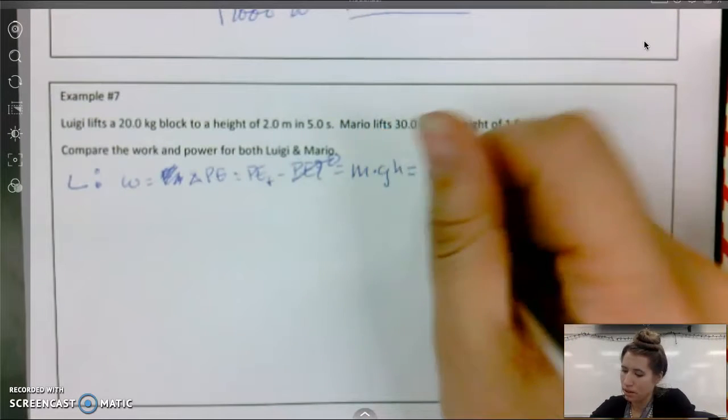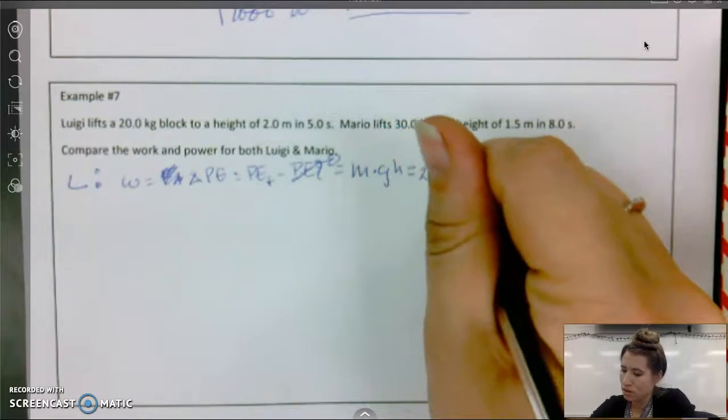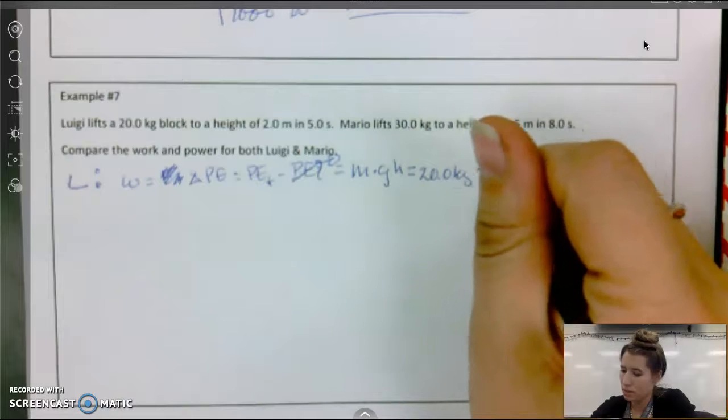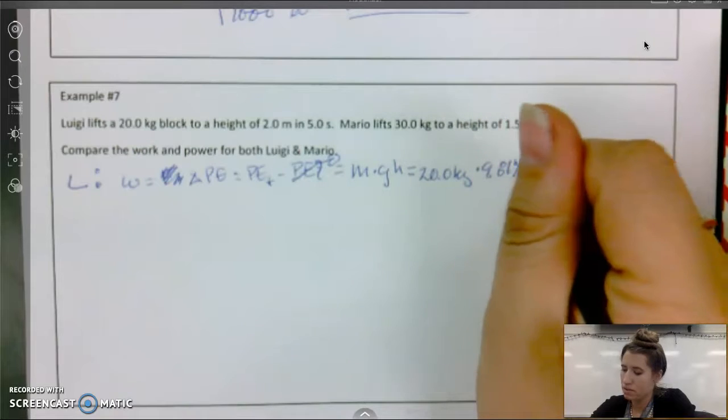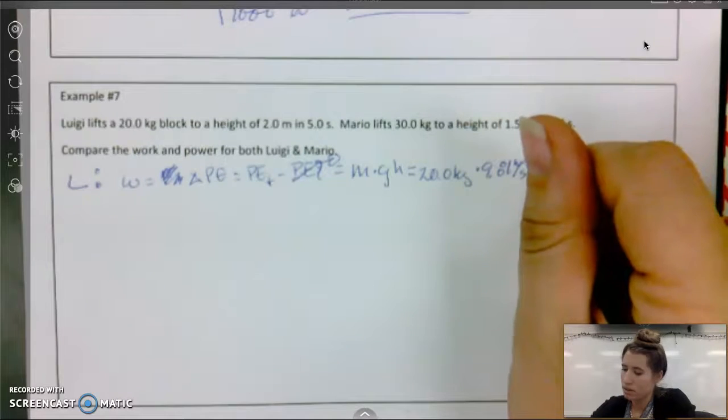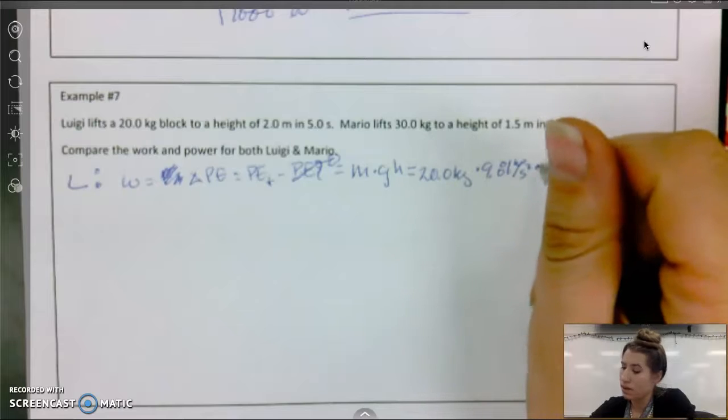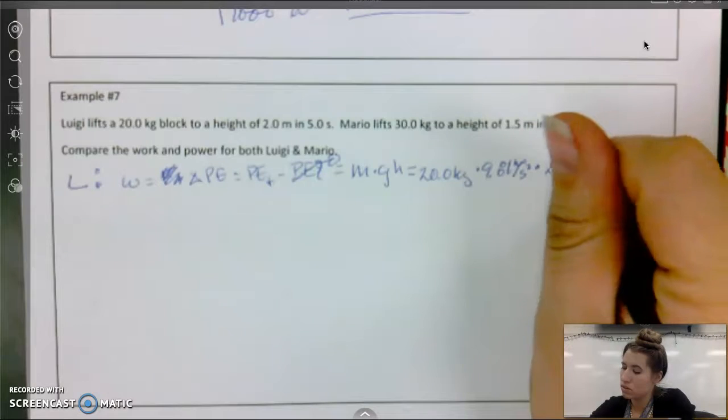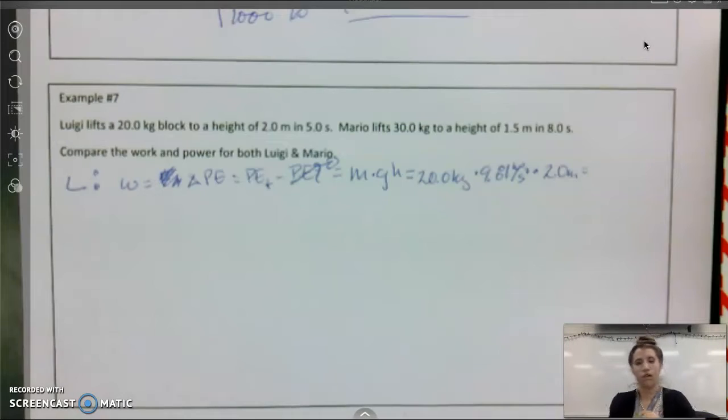So that would be 20 kilograms multiplied by 9.81 meters per second squared multiplied by the height, which is 2 meters. Okay, 20 times 9.81 times 2.